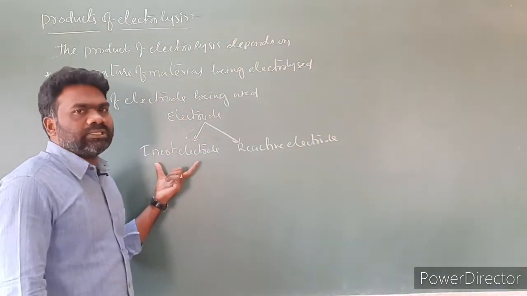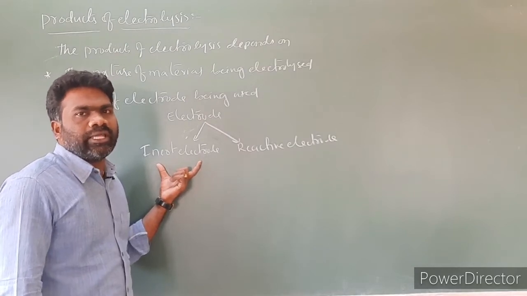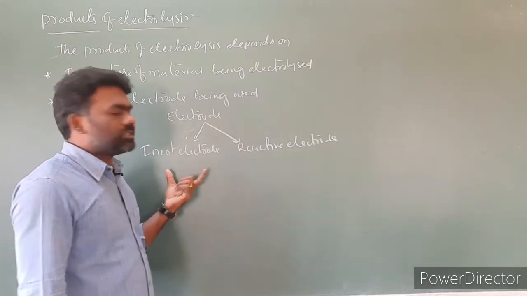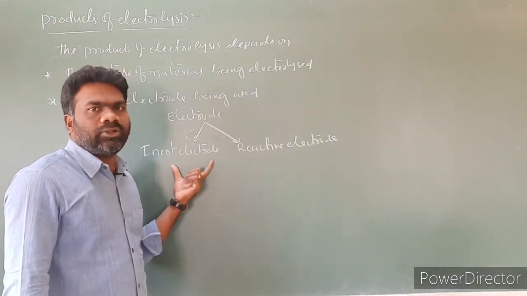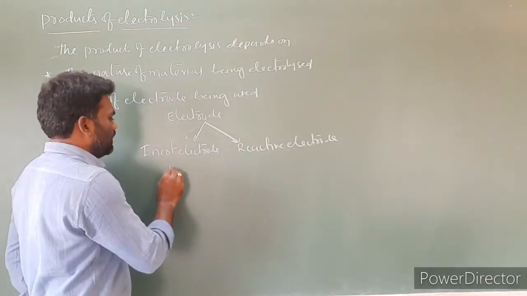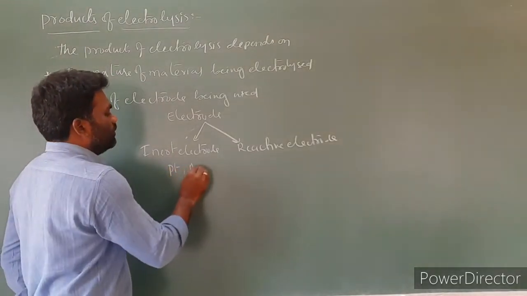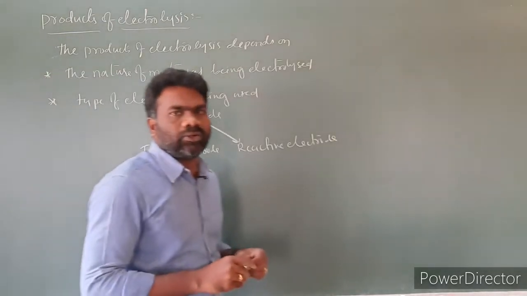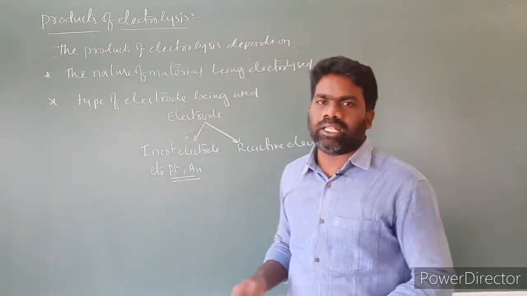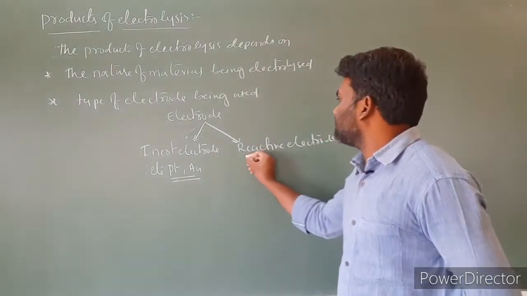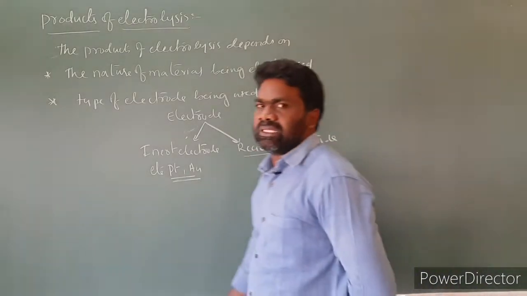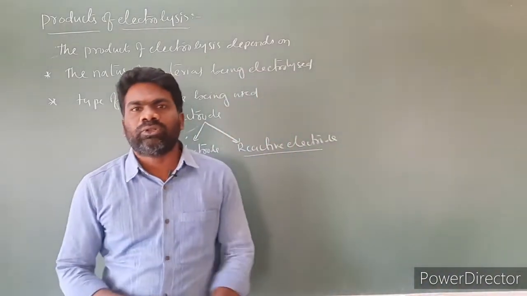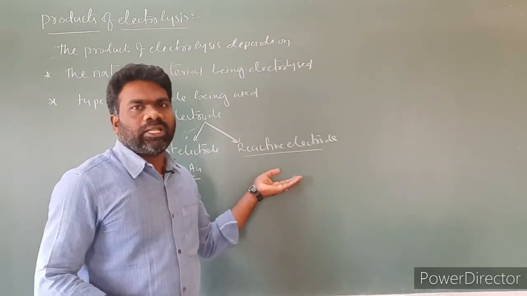Inert electrodes are electrodes which do not involve in the electrode reactions. Examples are platinum and gold, the best examples of inert electrodes. They do not involve in any electrode reactions. But reactive electrodes do involve in the electrode reactions.